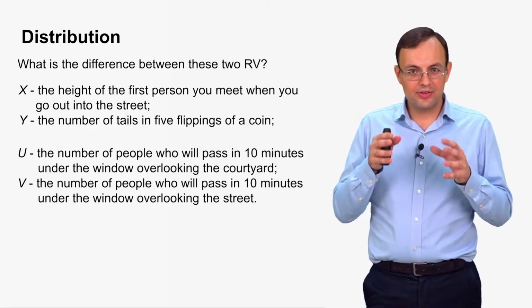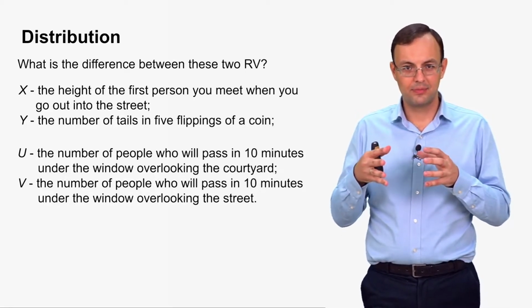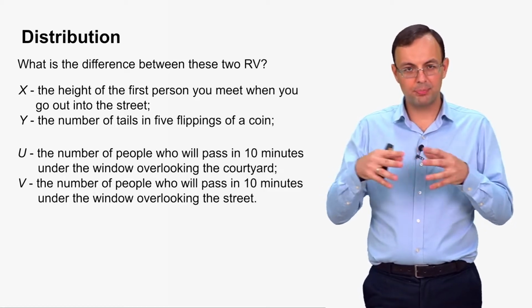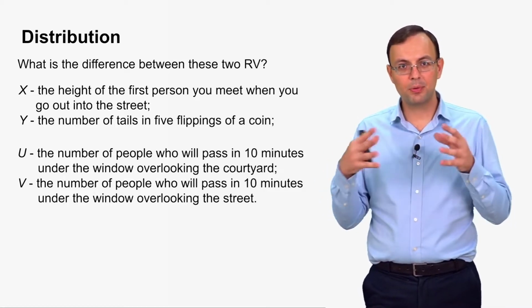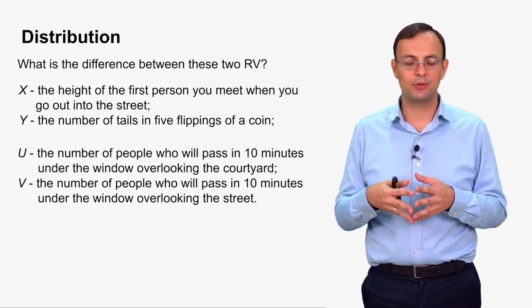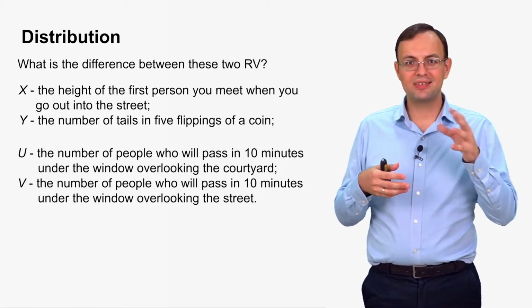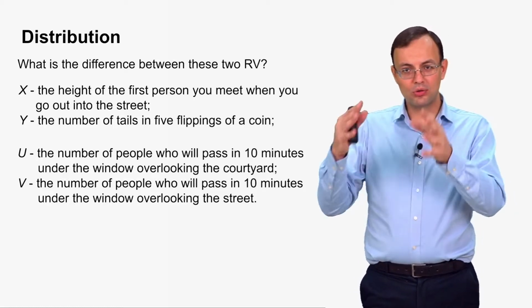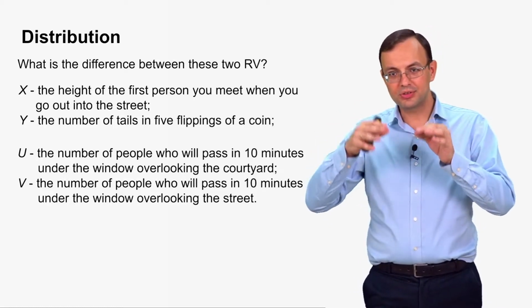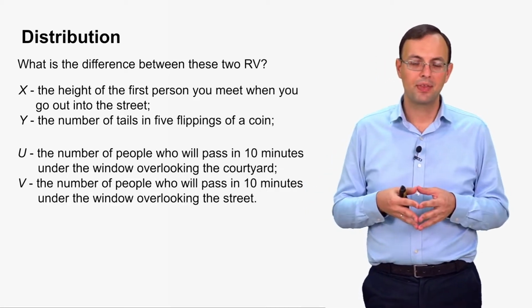So the main difference is probabilities. Not the possible values themselves, but probabilities to take these values. So for each value, we can say that this value is more often for U and more rare for V, for example, or vice versa.